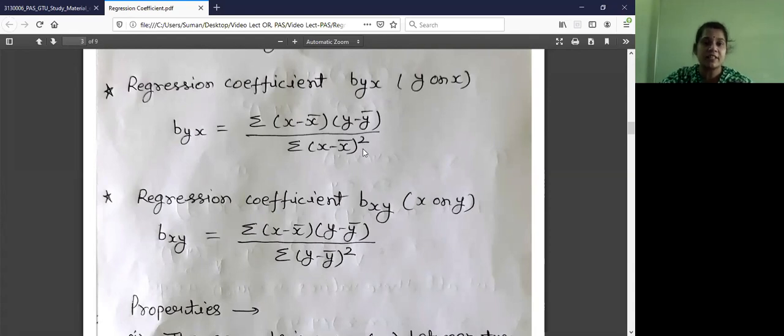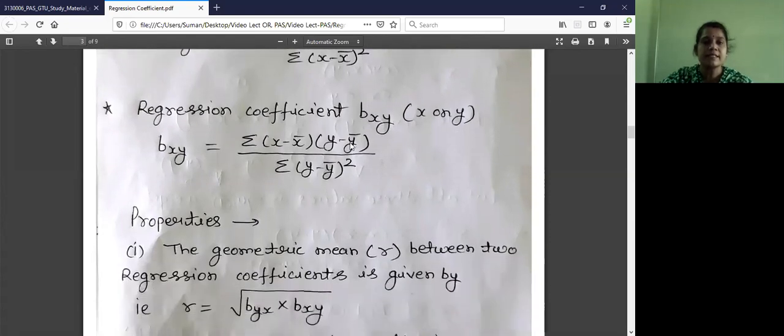So what is the logic? The logic is that if we find the regression coefficient of y on x, here we write x as the last variable. So in the denominator we write summation (x minus x bar) whole square. Next is the regression coefficient bxy, that means regression coefficient of x on y.